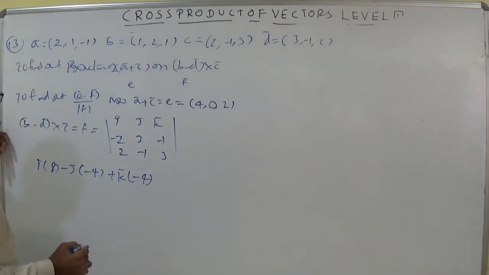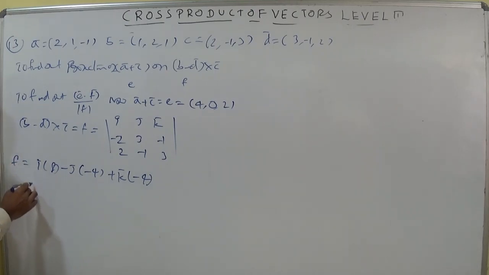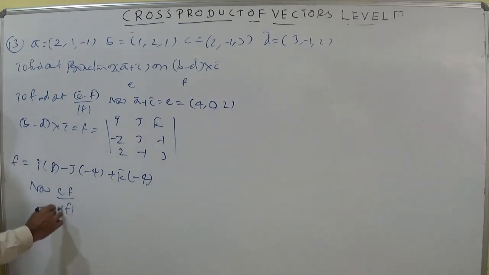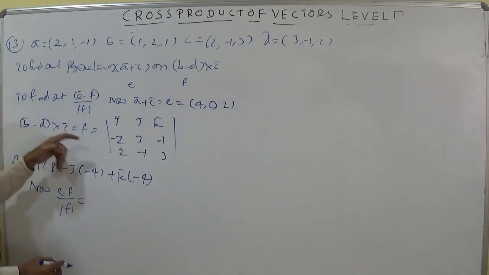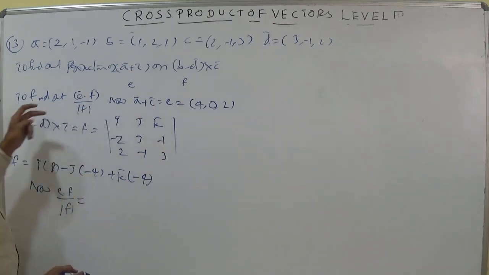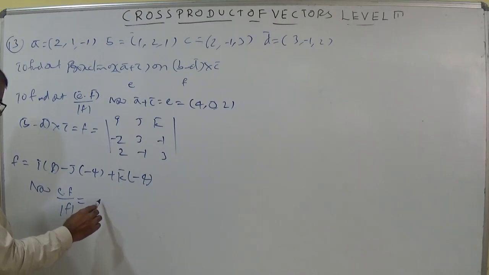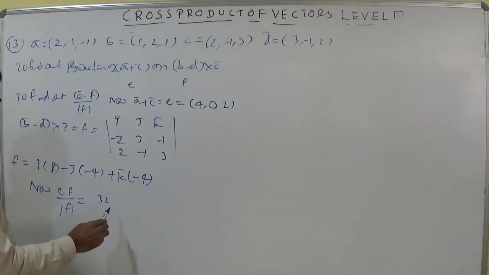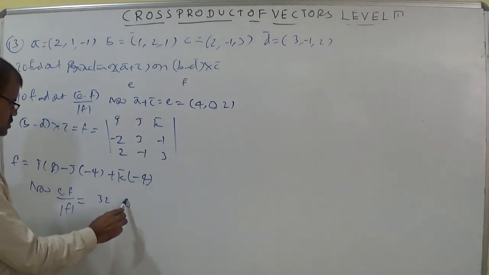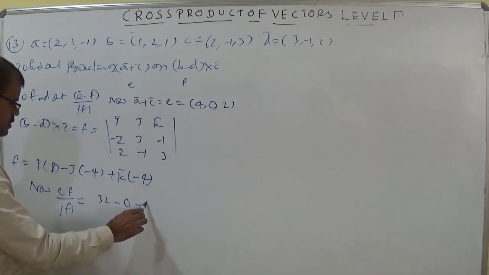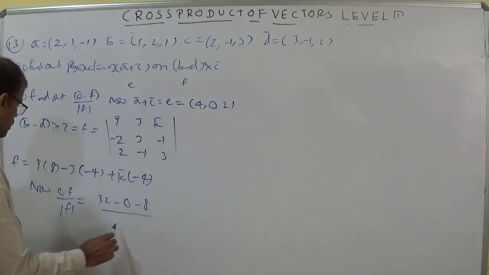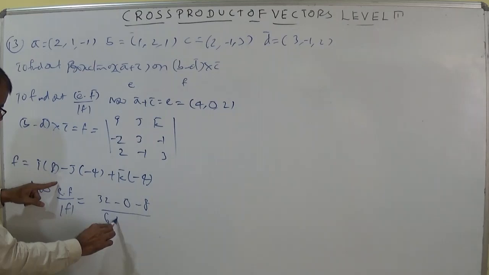So this is F. Now I am writing E bar dot F bar by modulus of F bar, the projection. What is E bar? 4 into 8, directly I am writing, 4 8s are 32, minus 0, minus 8. 32 minus 8 by modulus, this one 64.